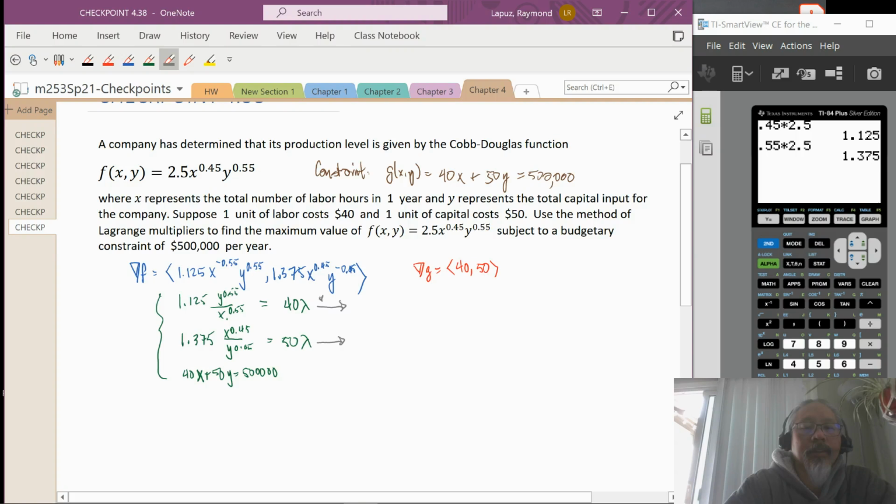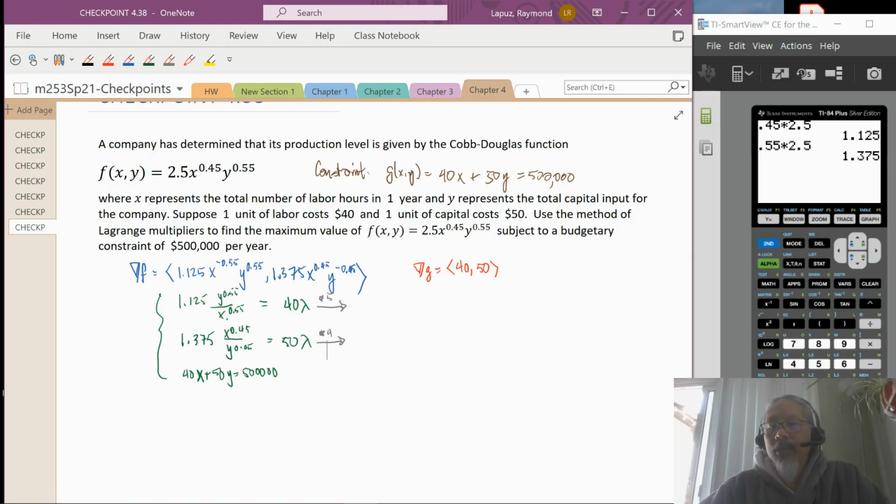Okay, so multiplying this by 5, and we're going to multiply this by 4. Maybe we'll do the bottom one first since that's already in my calculator. Times 4, we're going to get 5.5.